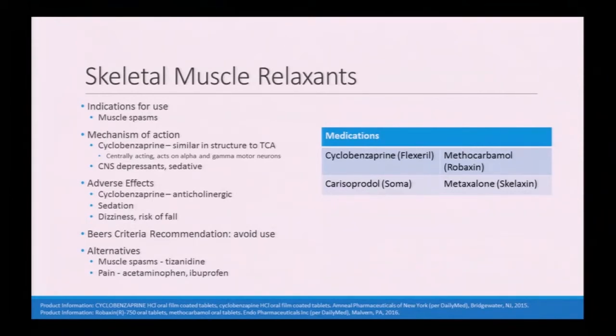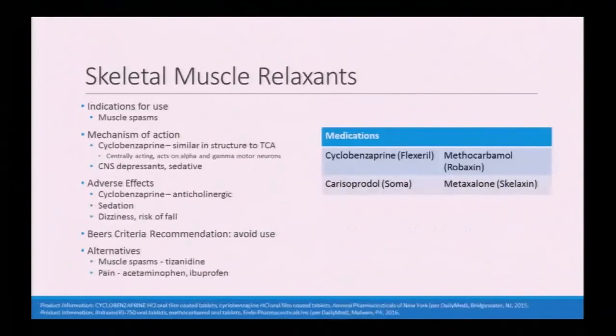Because of that, you see high sedation, high risk of falls and dizziness, and with cyclobenzaprine specifically, you see a lot of anticholinergic effects as well. Beers criteria says not to use them, however you can utilize them for muscle spasms. Tizanidine is a newer muscle relaxer that's not on the Beers criteria and has less prevalent side effects. And then if they're experiencing pain, you can use Tylenol or ibuprofen.